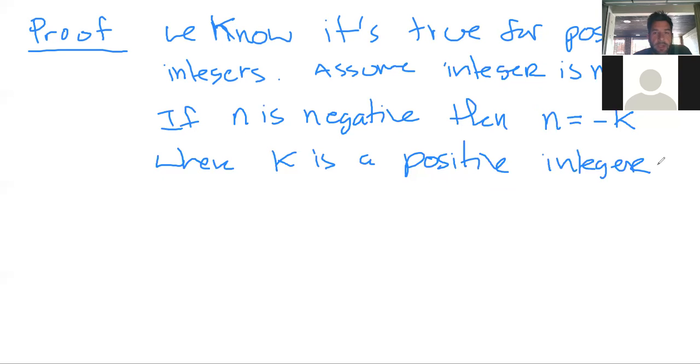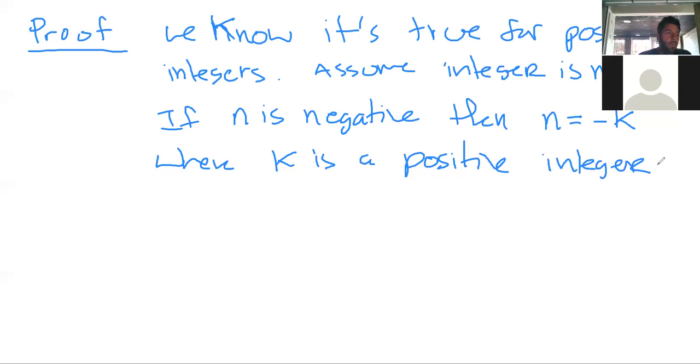Right? So if I have negative 7, well, what is negative 7 equal to? It's equal to negative 1 times positive 7. We're saying any negative number can be written as minus 1 times a positive number, in particular integers.